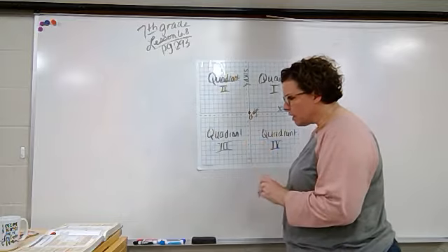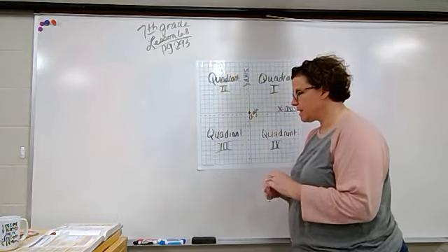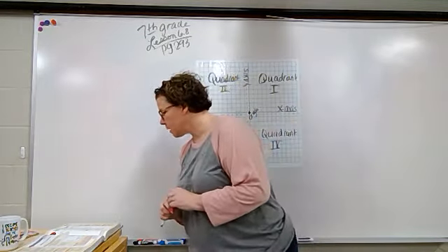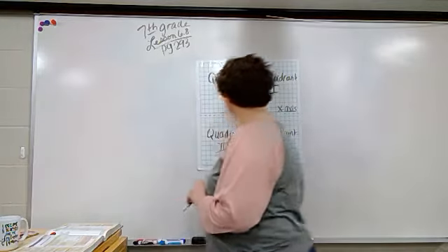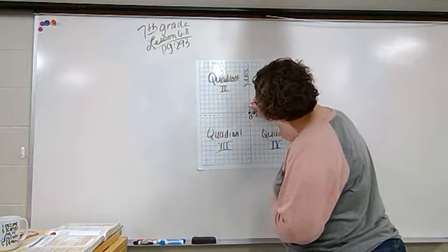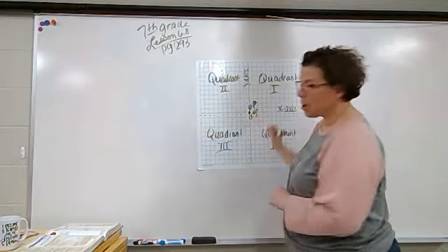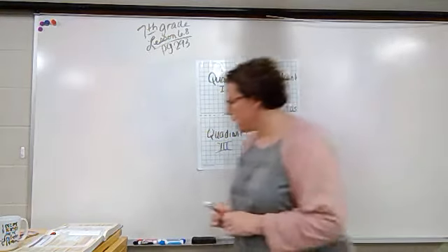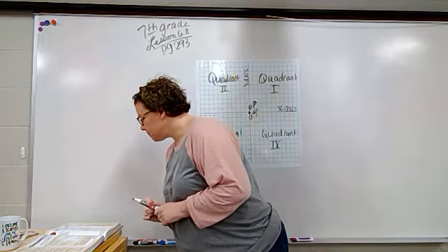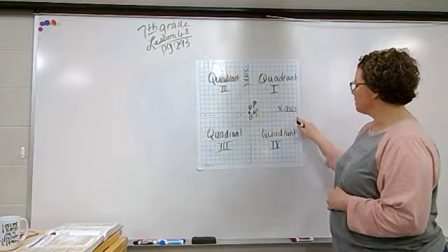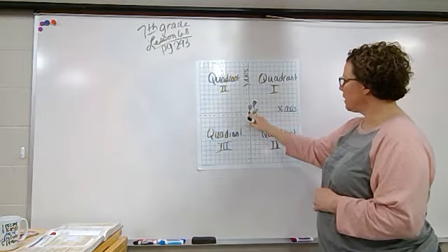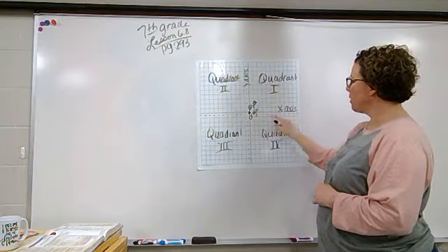If you look at the top of page 293, you're going to see a couple of different coordinate planes. The origin sits at point 0, 0, always. The numbers on the x-axis, if they go this way from 0, are positive.